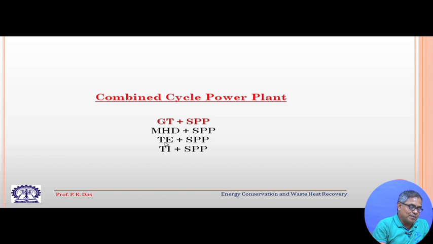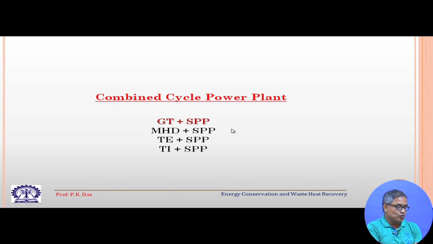Then there could be thermionic and steam power plants. So, you see MHD, thermoelectric and thermionic could be topping cycles, and in the later part of this particular course, the other instructor will elaborate on this. I will not elaborate now on the MHD or thermoelectric or thermionic.